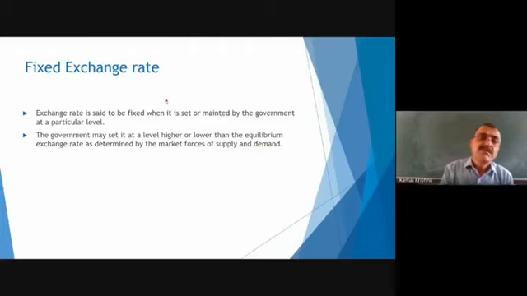We have to keep in mind that the government may set it at a level higher or lower than the equilibrium exchange rate. It is not necessarily that the fixed exchange rate will always be at the equilibrium. Why? Because the equilibrium exchange rate is determined by the market forces of supply and demand.